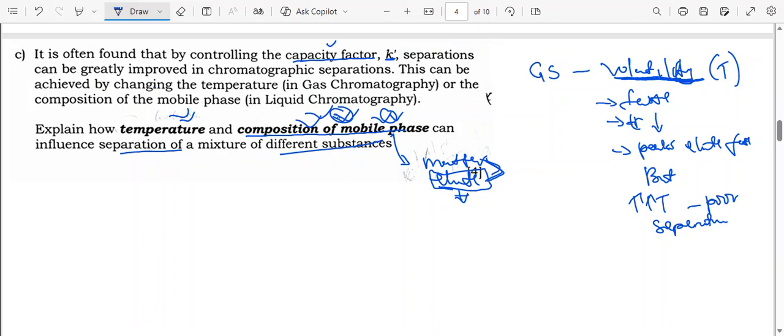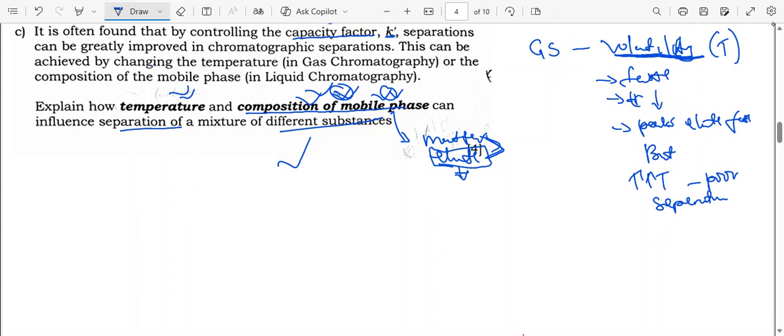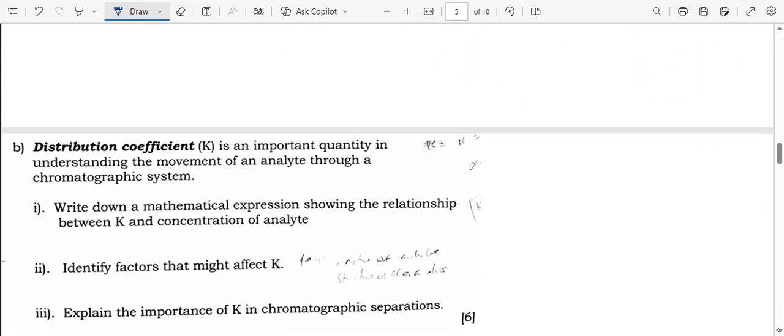So temperature makes the peaks elute faster, but the same increase in temperature can also cause damage or poor separation, and temperature also affects the volatility of compounds.